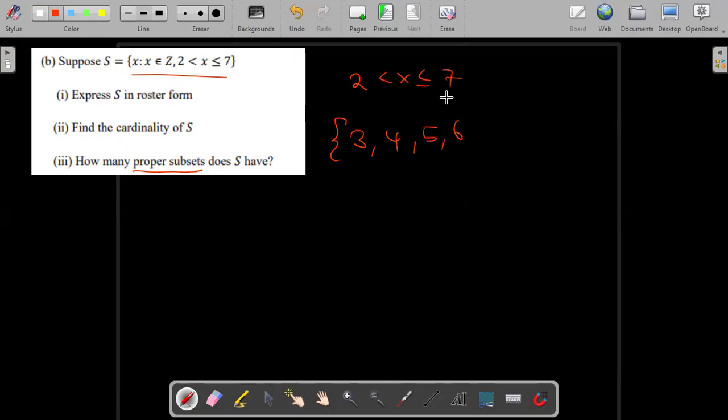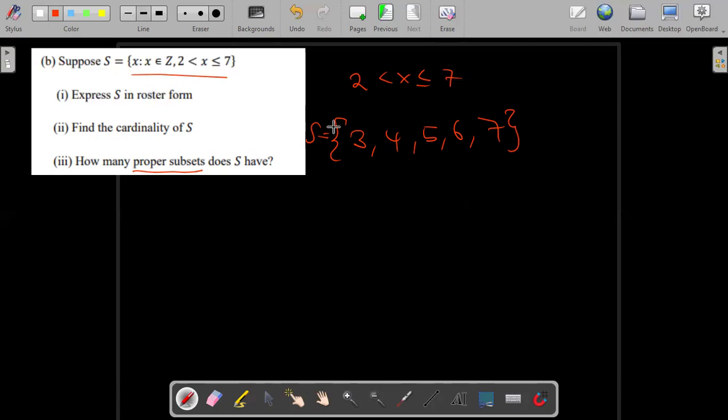At 7 there's an equal to, so I have to include 7. Is that clear? Do you have further questions on that one? It is clear. All right, thank you.